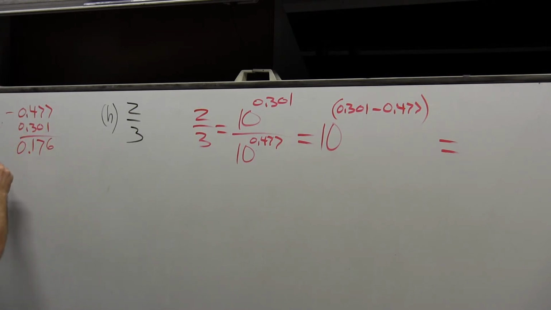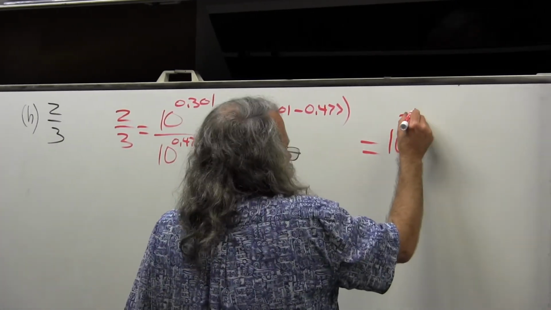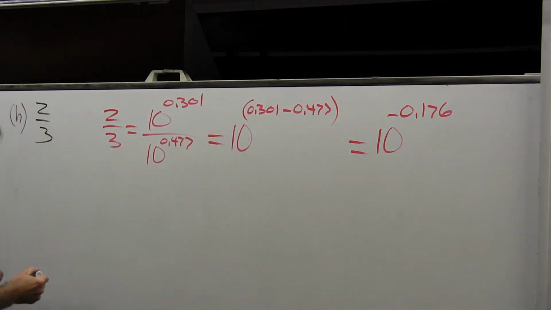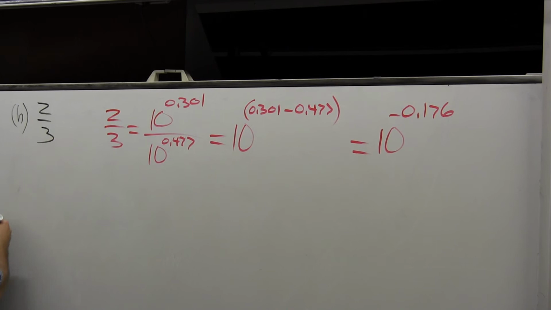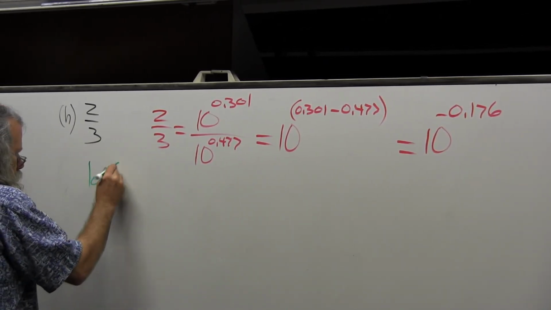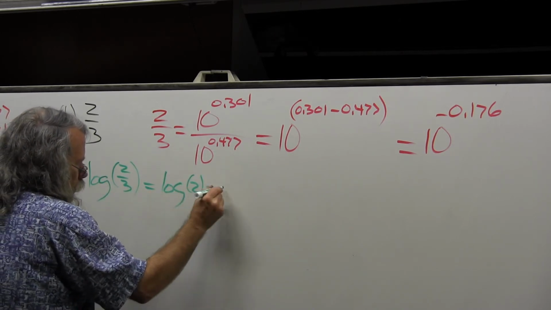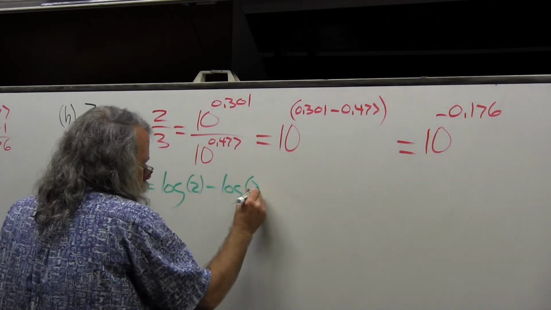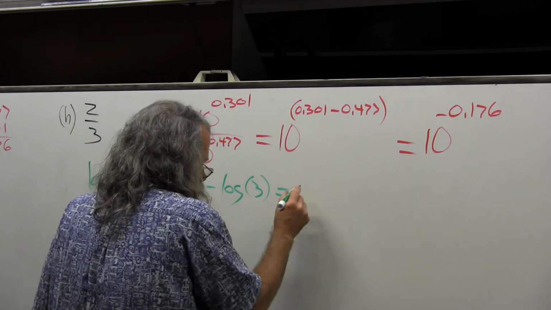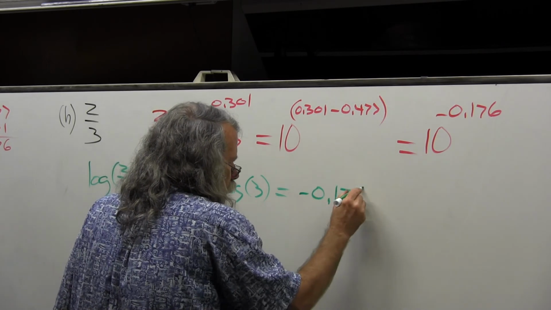So that is equal to 10 to the minus 0.176, and therefore the log of 2/3 equals the log of 2 minus the log of 3 equals minus 0.176.